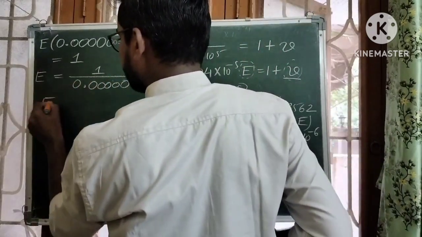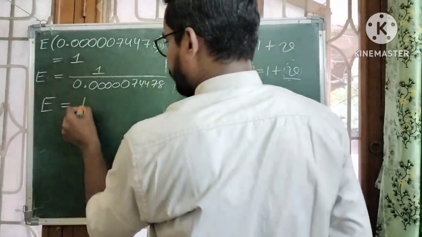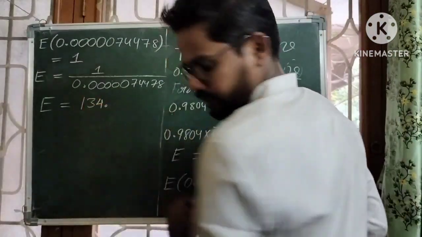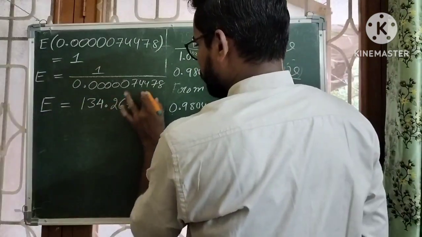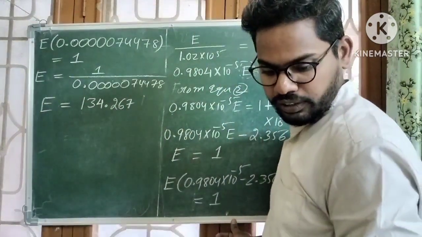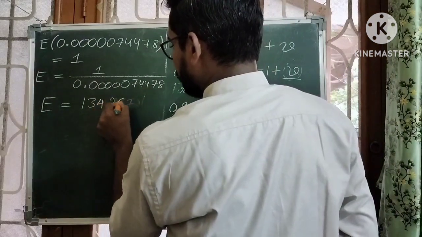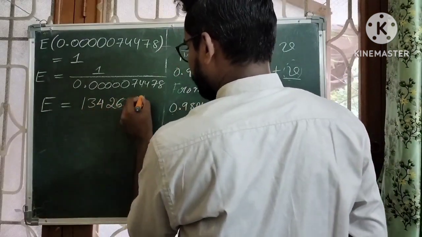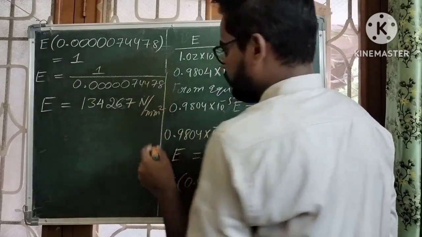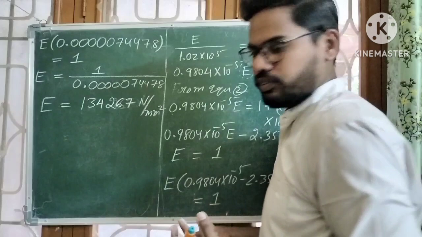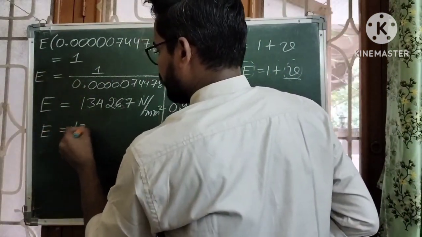If you calculate this again, you will get E value approximately 134.267 Newton per mm square. Now all units, we maintain all units in newtons and mm squares.